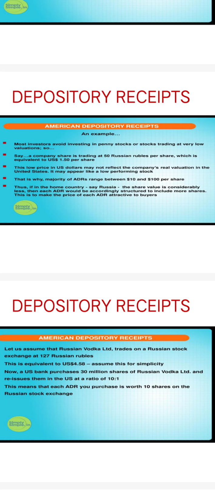Say a company share is traded at 50 Russian rubles per share, which is equivalent to US dollar 1.5 per share. This low price in US dollars may not reflect the company's real valuation in the United States. It may appear like a low performing stock. That is why the majority of ADRs range between $10 and $100 per share.